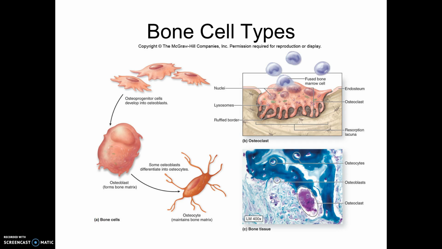So osteocytes are going to be trapped in a lacunae within the bone matrix, and these processes are going to help the osteocytes communicate with osteoblasts to basically communicate whether there needs to be more additional matrix laid down by the osteoblasts. Now the last is the osteoclasts, which we're looking at up here.